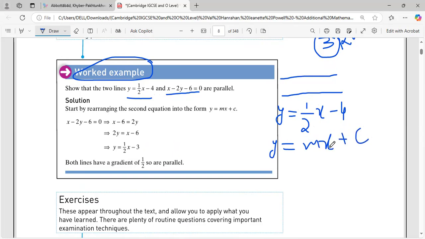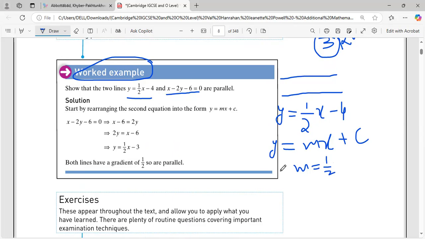So this is the slope intercept form. Here m is the slope, c is the y-intercept. If you compare this slope intercept form with this line equation, the first line's slope is equal to half.